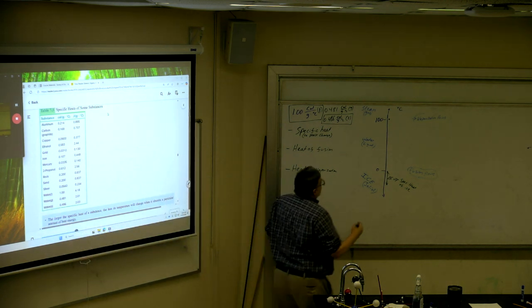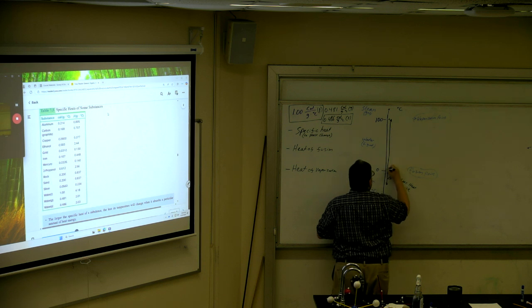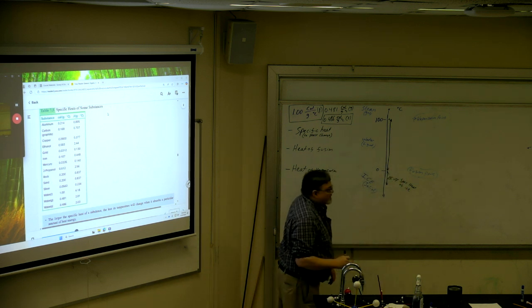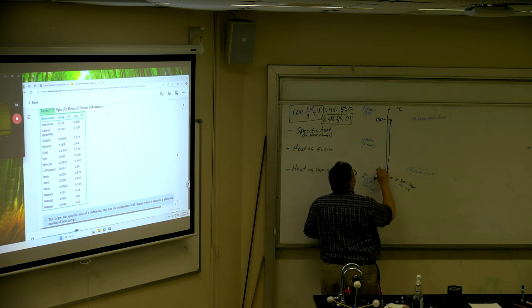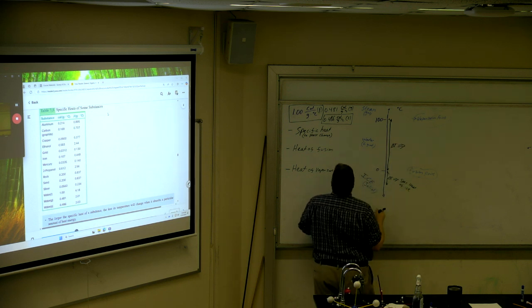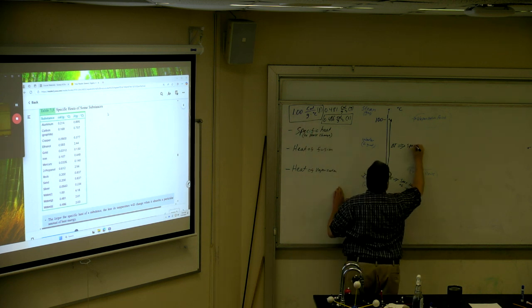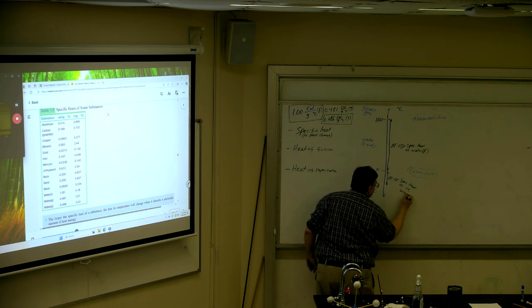All right. If I want to take that same sample and figure out how much heat it takes to go from 0 to 100 degrees, that has another delta T associated with it. To calculate that energy, I'm going to have to use this specific heat of water in liquid. This is water as a solid.